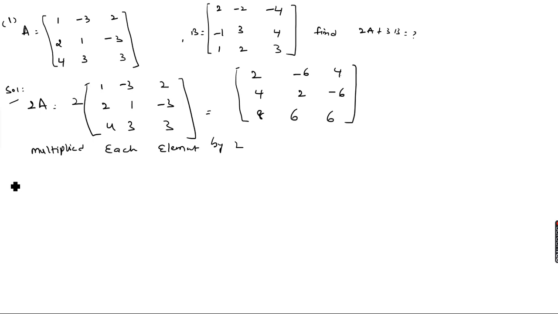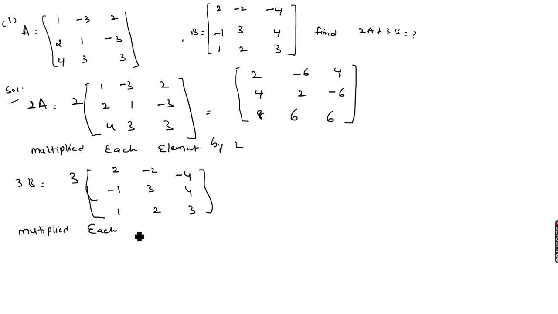And next 3B, that is nothing but 3 into B, [2 -2 -4; -1 3 4; 1 2 3], multiplied each element by 3.